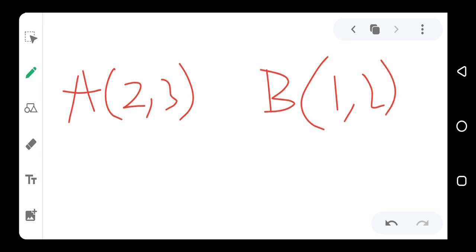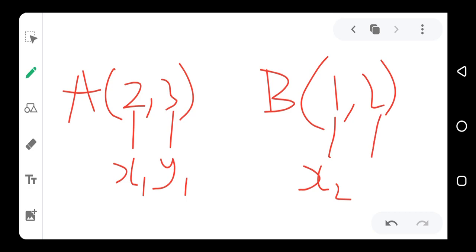What this means is that 2 is x1 and 3 is y1, and 1 is x2 and 2 is y2. So we put these values into the formula and then we get the distance.